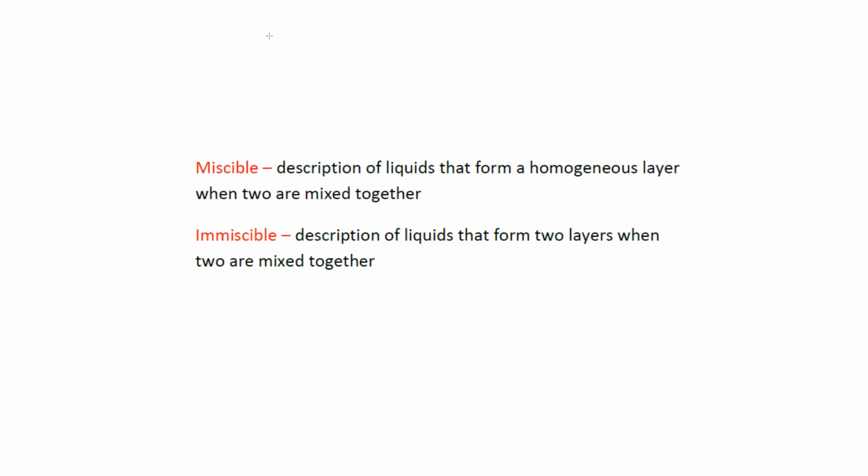When we are selecting a technique to separate miscible or immiscible liquids, we first have to check whether the liquids are miscible or immiscible. If it is an immiscible liquid, the technique we use to separate it is called a separating funnel.